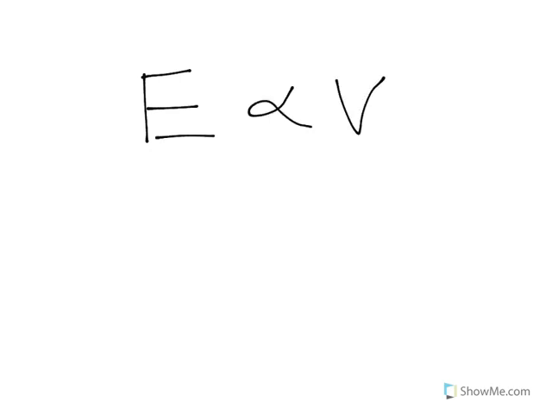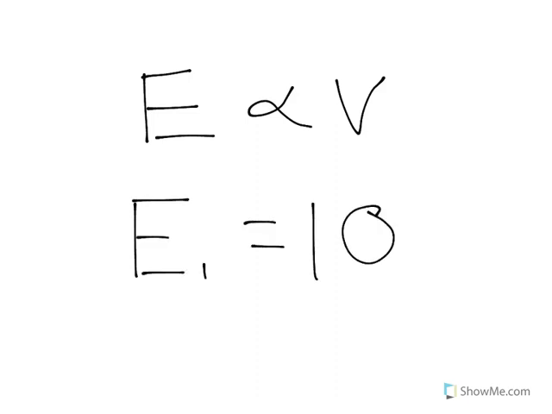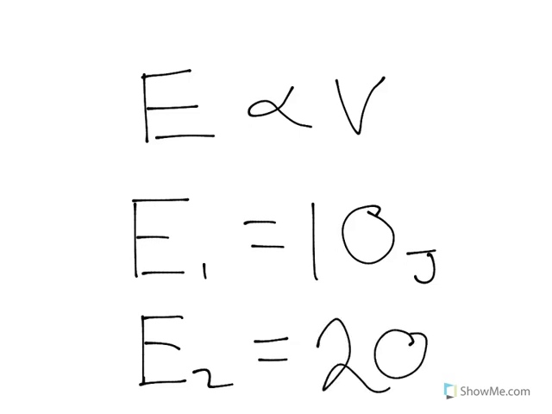Now, I don't even know what quantities out there are actually described like this, but we know that the initial energy of the object is 10 joules, so E1 is equal to 10 joules. So if we are told that the volume is doubled, then we instantly know that the new energy is just twice the initial energy. No more information is needed to work that out.